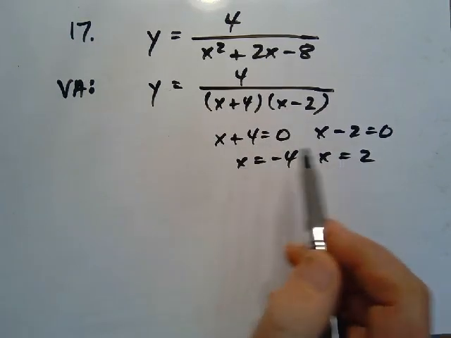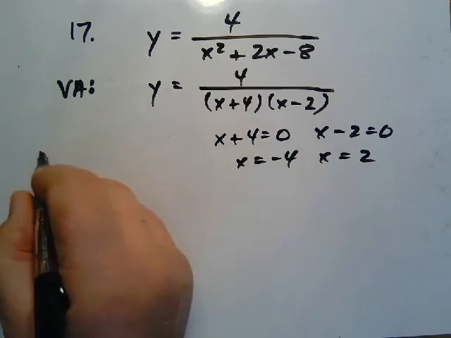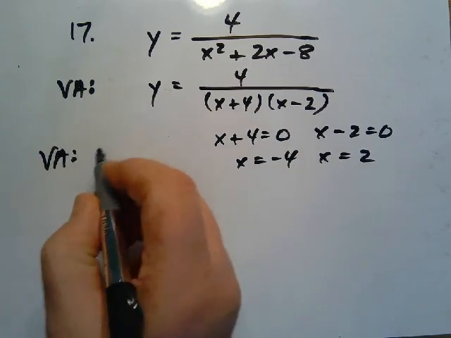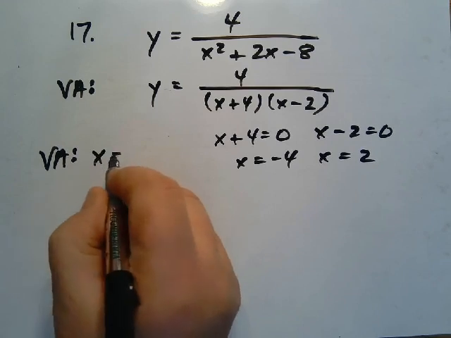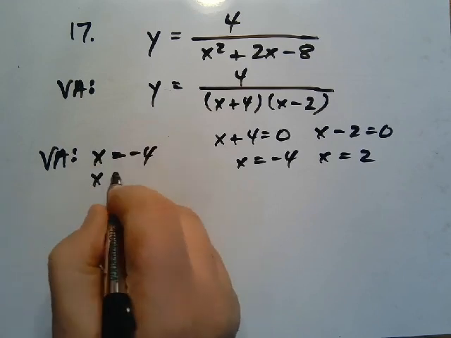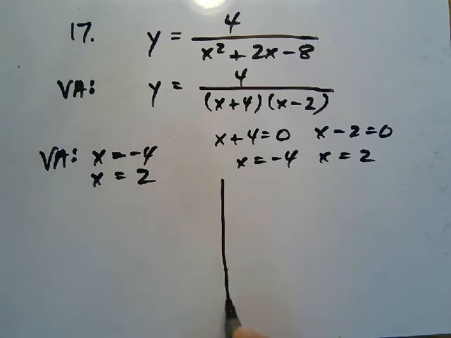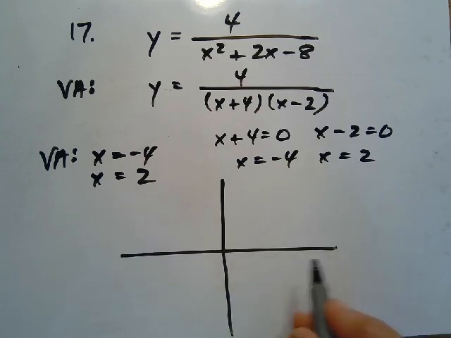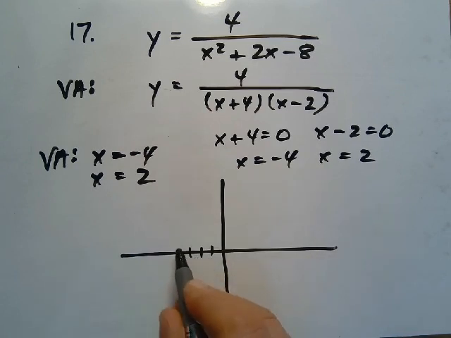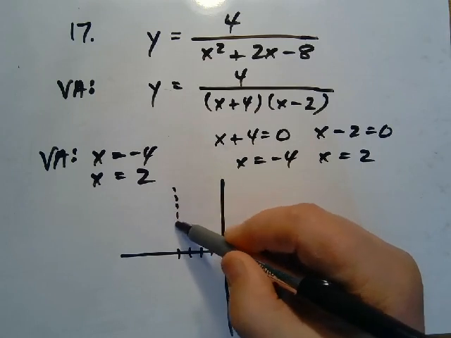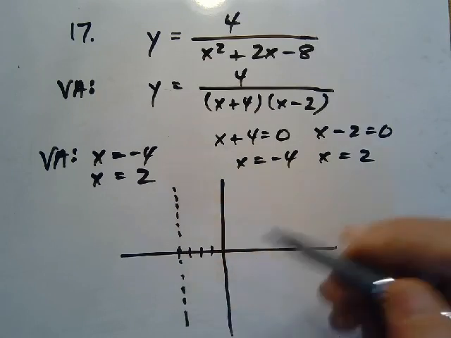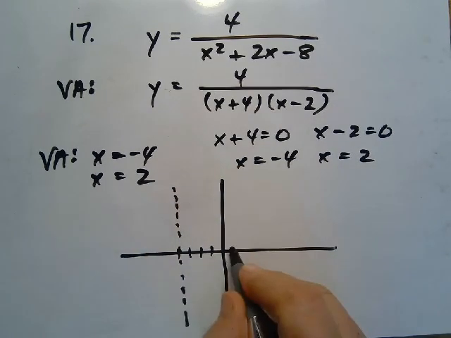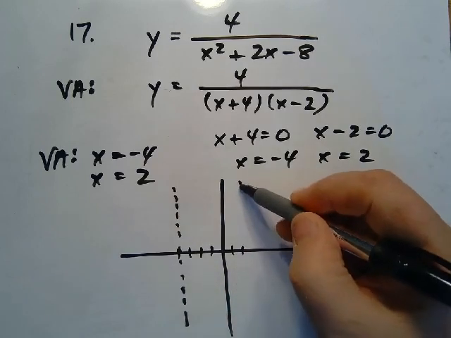That means we're going to actually have 2 vertical asymptotes in this problem. Our vertical asymptotes are going to be at x equals a negative 4 and at x equals 2. So that would look like a vertical asymptote right at negative 4 and a vertical asymptote at 2.